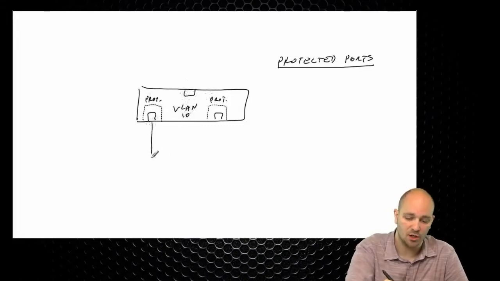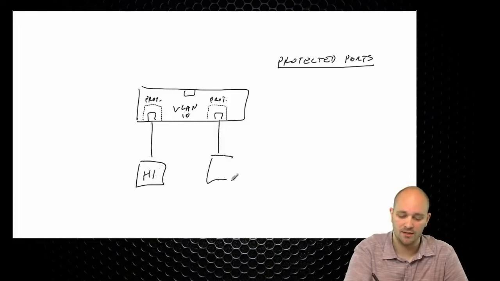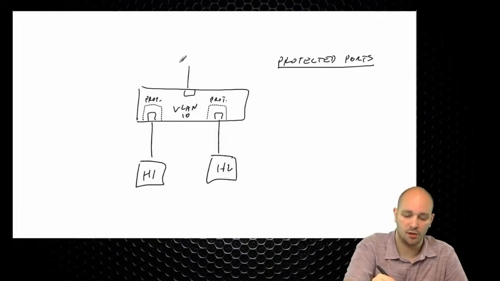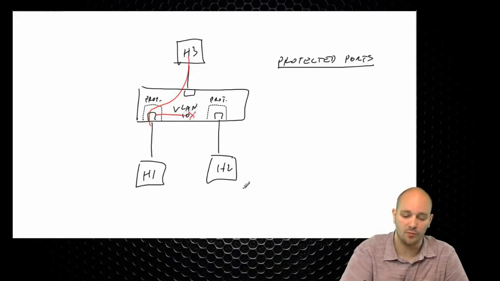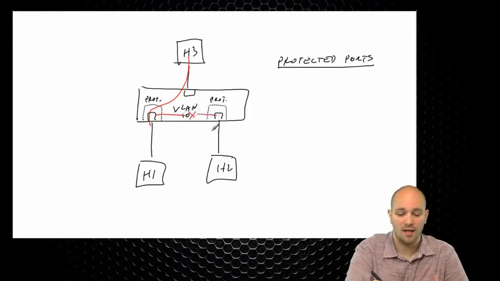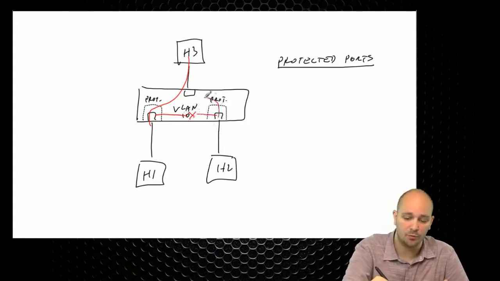So the hosts here in VLAN 10, let's say that this is host 1, that this is host 2, and that this is host 3. Host 1 would be able to communicate with host 3, but would not be able to communicate with another protected port. The same thing here with host 2. It cannot communicate with the protected port, but they can communicate with all the normal ports.